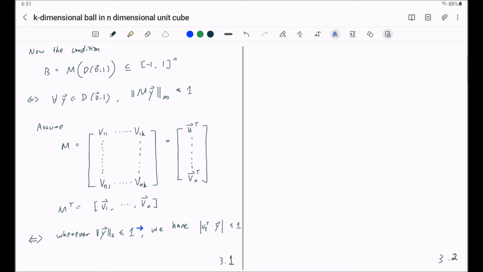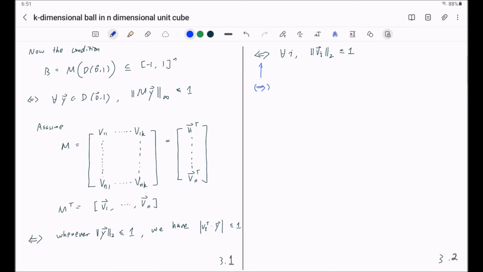And this statement is further equivalent to saying that for any i, the 2 norm of Vi is bounded by 1. Why is it so?